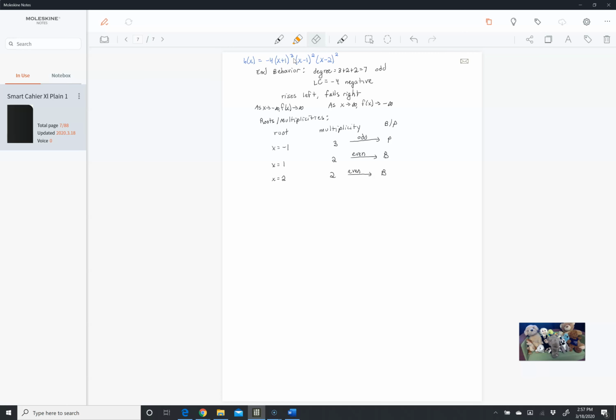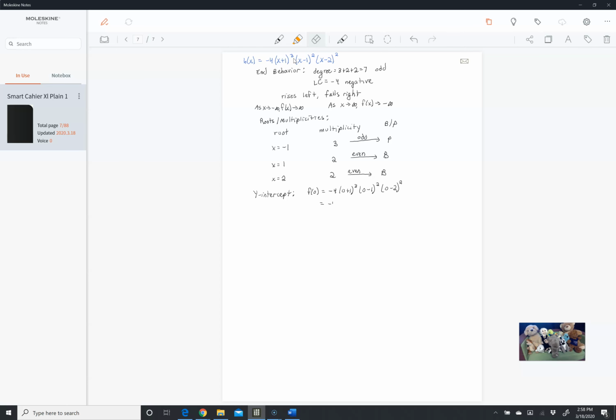And finally, we can look at the y-intercept. So that's f of 0. Y-intercept is when x equals 0. So we have -4 times 0 plus 1 cubed times 0 minus 1 squared times 0 minus 2 squared.